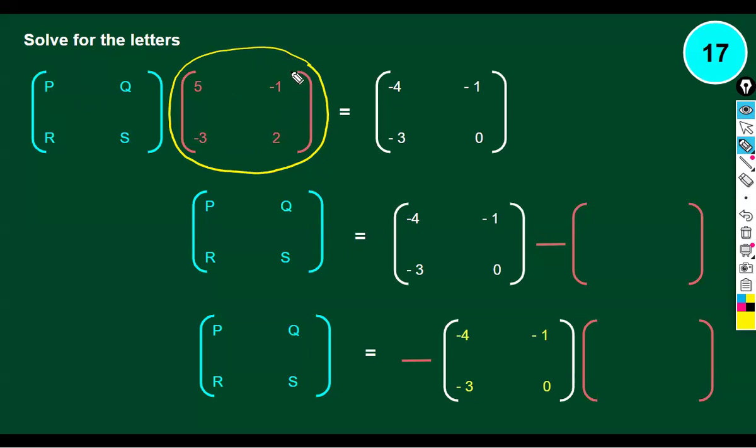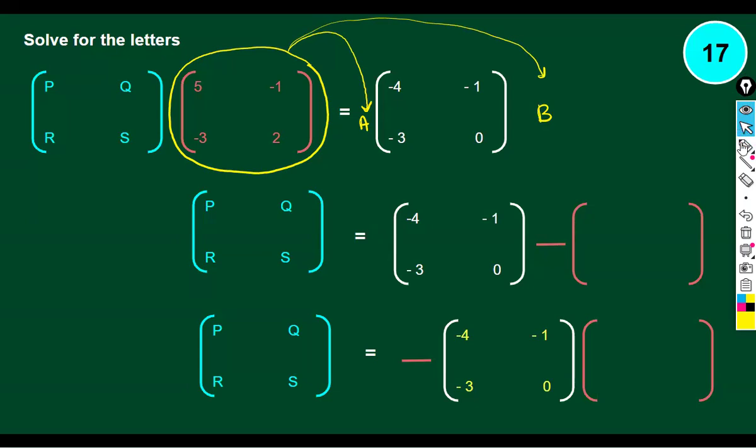When we throw something across, we get the inverse. But question: when I throw this matrix across, where will it land? Will it land here, position A, or in position B? In other words, will it land before the white matrix or after the white matrix? Remember what I said before: when you're throwing a matrix across, it has to jump across exactly one matrix.